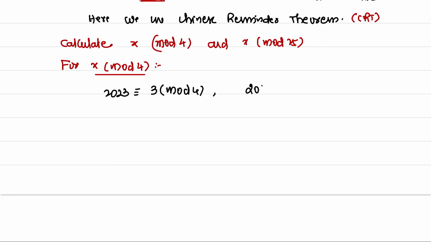And 2027 is equivalent to, when you divide 2027 by 4, what will be the answer? 506 into 4, that is 2024, and 3. 3 will be the remainder.